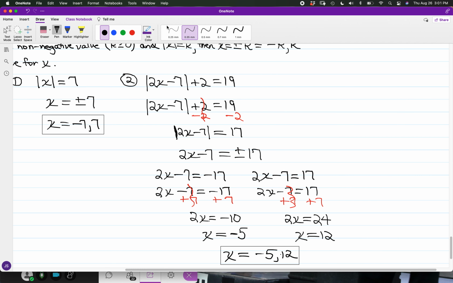Now, third case. This is going to be short, but it's just going to emphasize a point. Let's say we have the absolute value of x plus 5 is equal to negative 16.